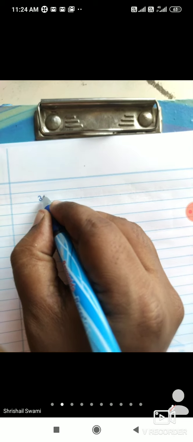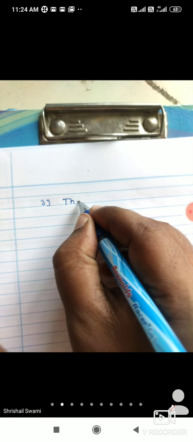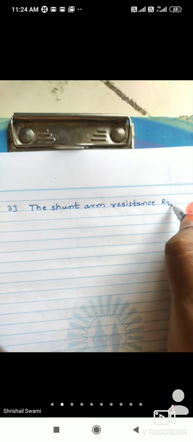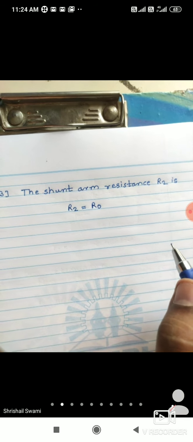So third one, the shunt arm resistance R2. What is the formula? The formula is very important to remember.